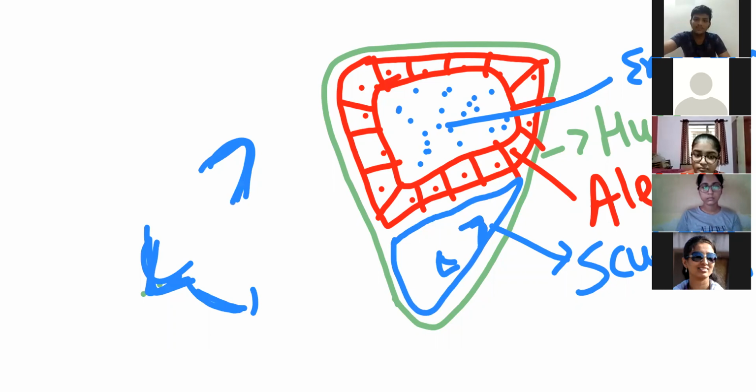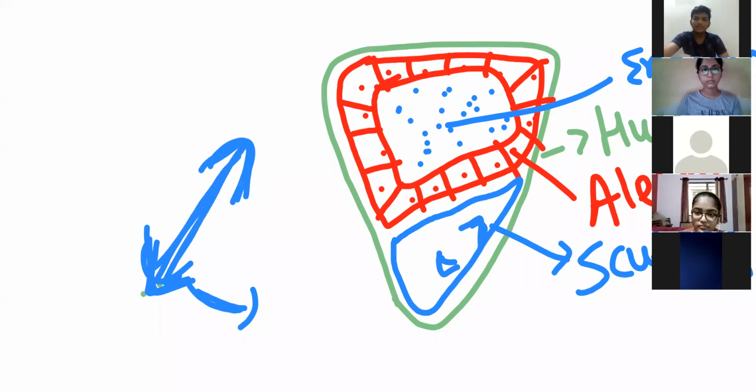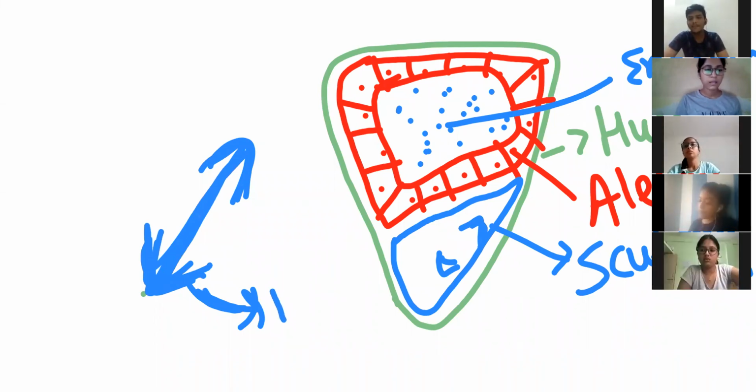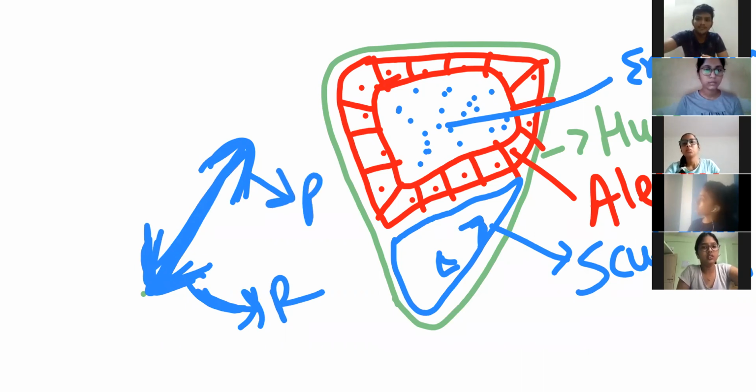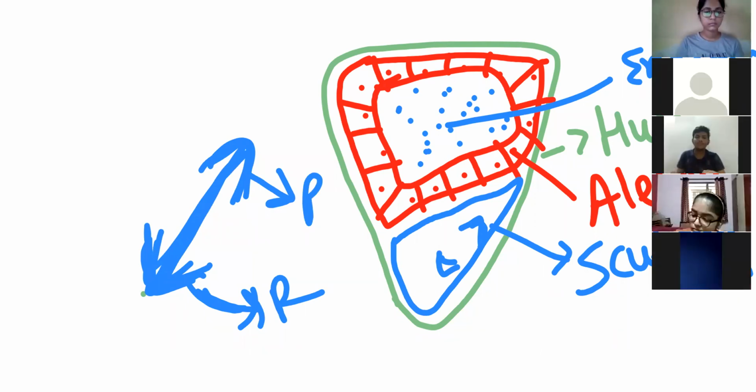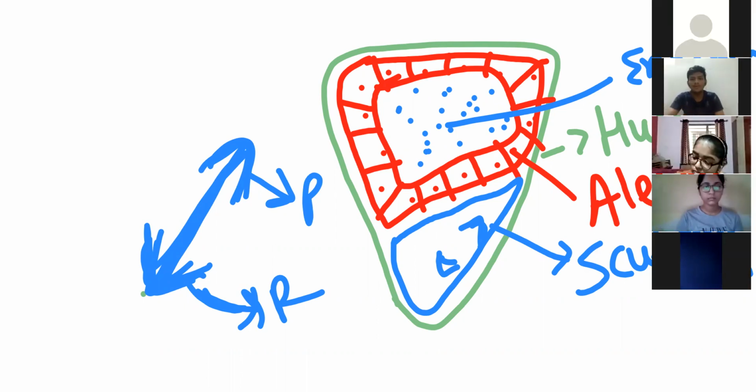Next, scutellum, which is a cotyledon; inside that the embryo axis is developed. The lower part of the embryo axis we call radicle, and this one we call plumule. Now remember, in monocots the radicle and plumule are very soft structures, so they need protection.